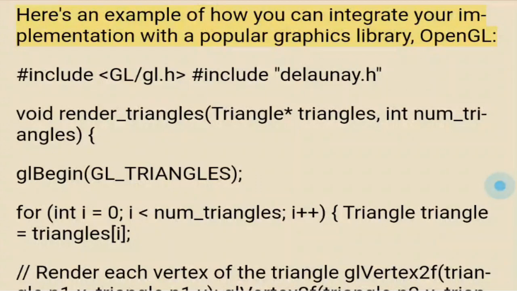Here's an example of how you can integrate your implementation with a popular graphics library, OpenGL. #include <GL.h>, #include "delaunay.h". void render_triangles(int num_triangles). glBegin(GL_TRIANGLES). for (int i = 0; i < num_triangles; i++) { Triangle triangle = triangles[i].